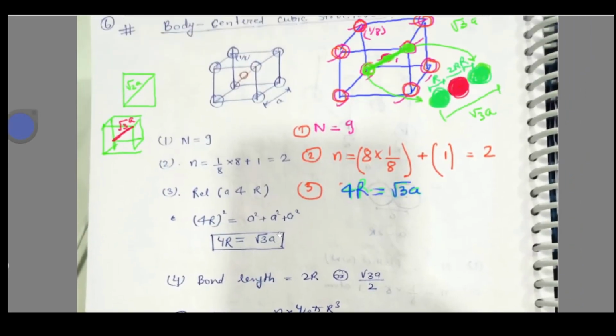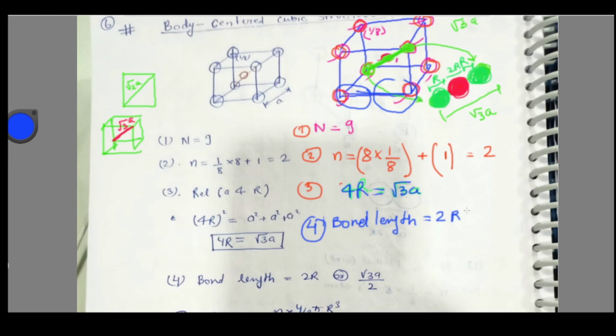Now if you talk about the bond length, bond length is 2r. This atom and this atom, so this is 2r.